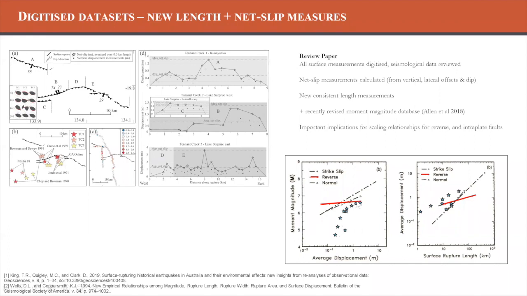You can see that they don't necessarily plot with the other reverse earthquakes, and this is just the traditional Wells and Coppersmith relationships. So we sort of have to start questioning, and this is across the board with a bunch of other scaling relationships, the new data just don't plot very well. So we sort of have to question what that historic data means and how we build our new generation scaling relationships for these earthquakes in particular, but reverse earthquakes generally.